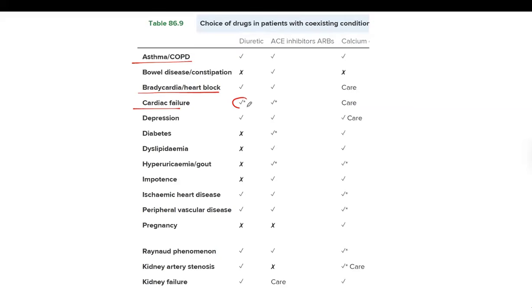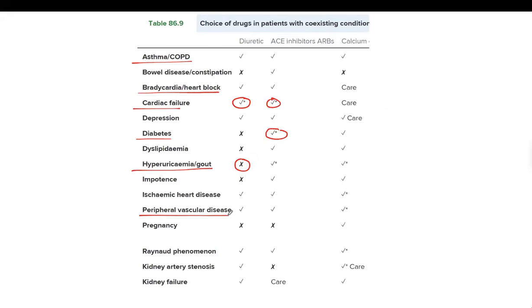For cardiac failure, ACE inhibitor and diuretics are okay. For a diabetes patient, the best antihypertensive is ACE inhibitor because it can also protect the kidney. For hyperuricemia or gout, we can't use thiazide diuretics because they can increase the uric acid and cause gout.